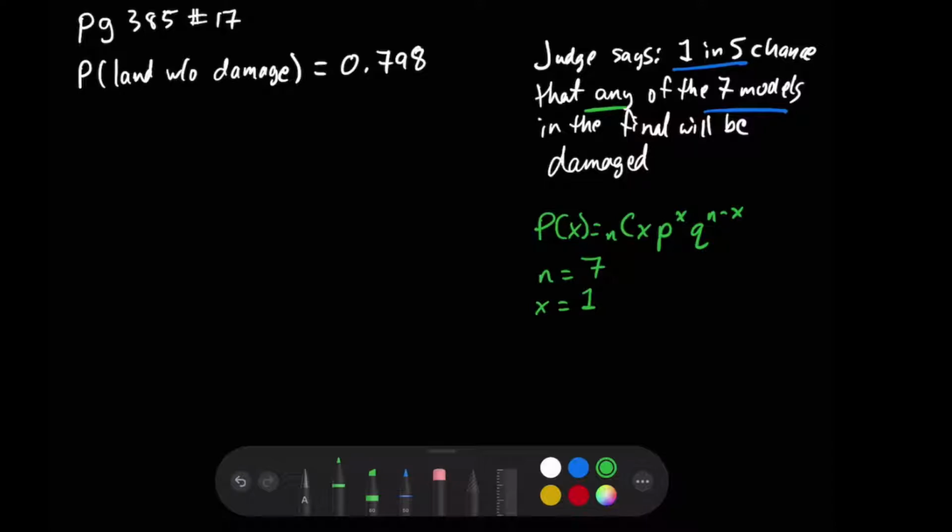So let's try x equals 1. And n, our probability of success, which is landing without damage. Well, let's change that. So let's let x be the number that are damaged.